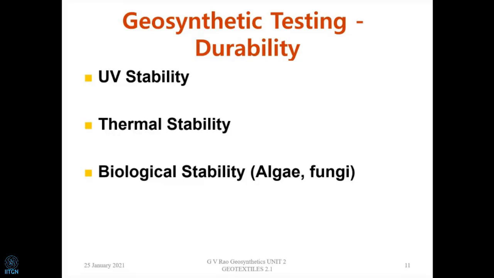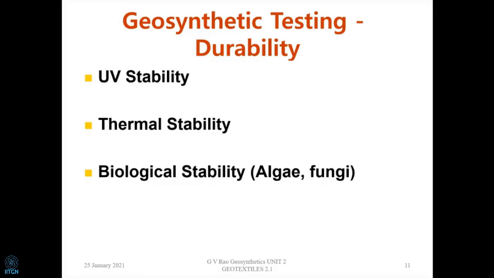Then, after having done all the exercise, we took all the care in construction, and we said we are going to follow a construction procedure such that the selection of geosynthetic is right. Then, is it going to perform its function, or is the structure going to be stable for the design life? So naturally we have to assess stability.